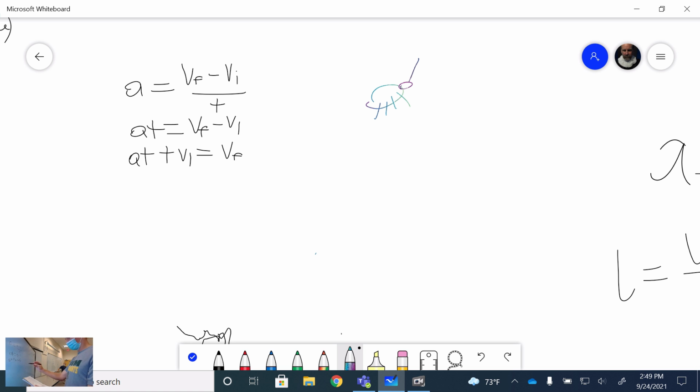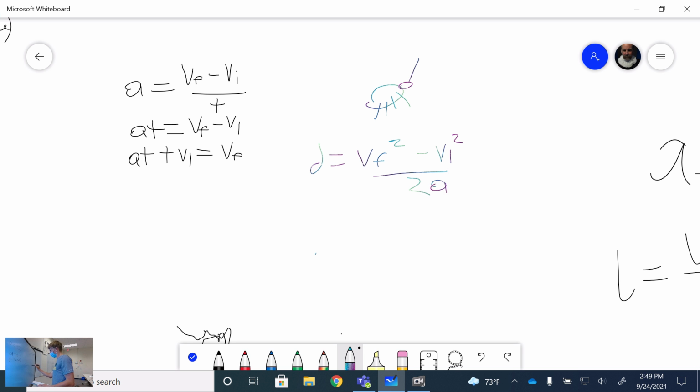Yeah, so from there, I'm just going to take d equals VF squared minus VI squared, and then we're missing something, oh yeah, over 2, 2A.